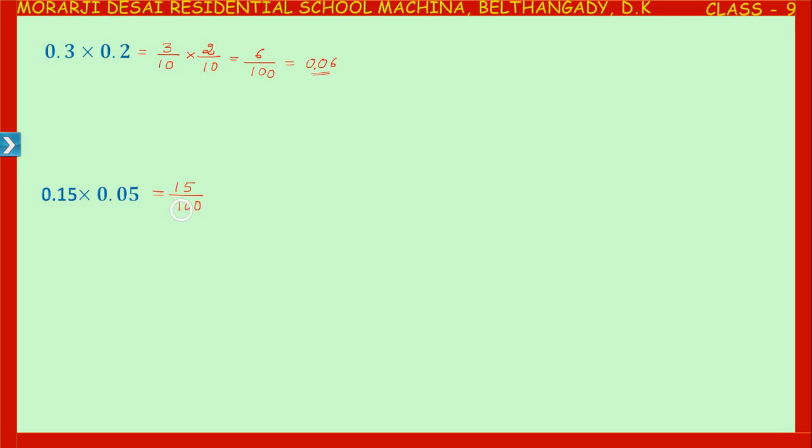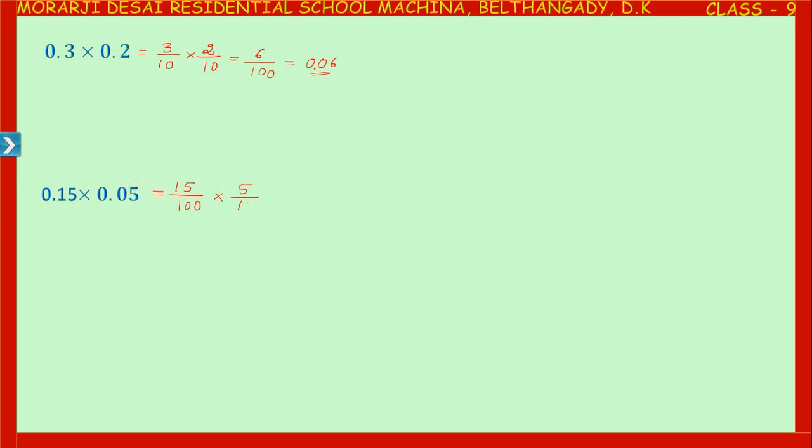So 15 by 100 into 0.05. If we remove the decimal point, that is 5 by. After the decimal point, we have 2 places, that is tenth place and hundredth place. The place value of the last digit is hundredth.